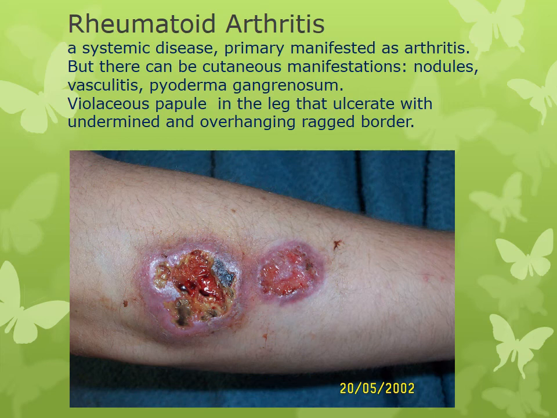Usually they are seen more in the lower limbs. This is a figure of pyoderma gangrenosum. It starts as violaceous papules that ulcerate fast, and the ulcer has an undermined and overhanging ragged border.